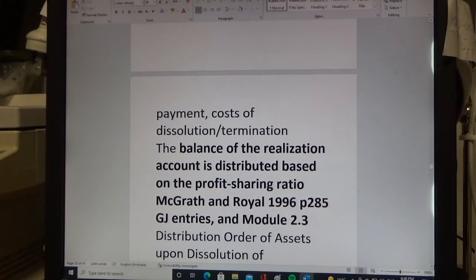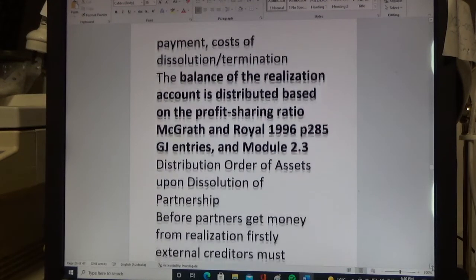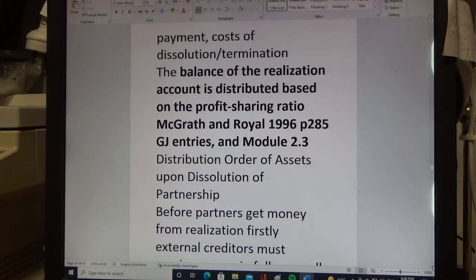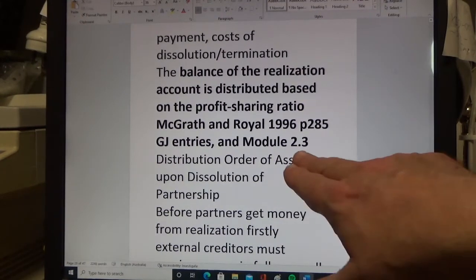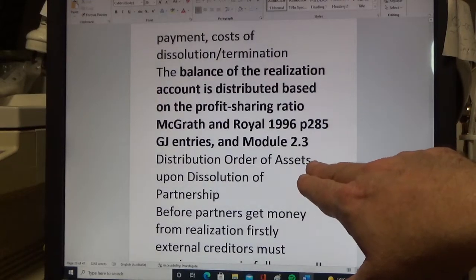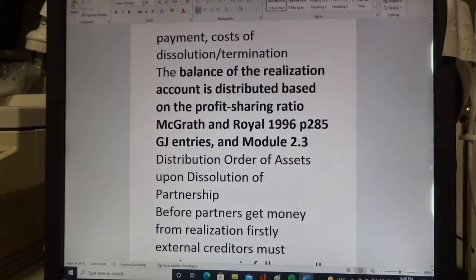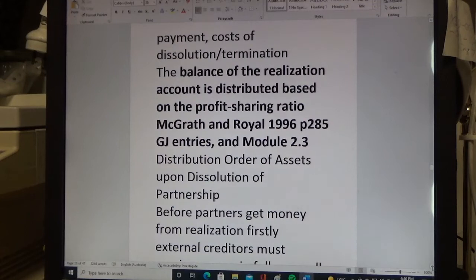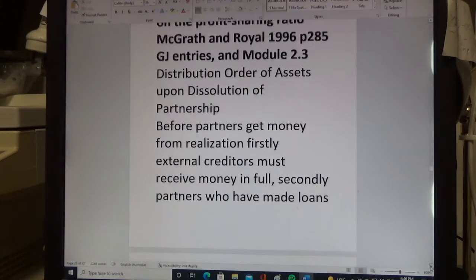Yeah, as we mentioned, the realisation is done according to the profit sharing ratio. Again, my source, McGrath and Royal 96, page 285 for the general journal entries, and module 2.3 for points here and there, which I've garnered in my own notes.